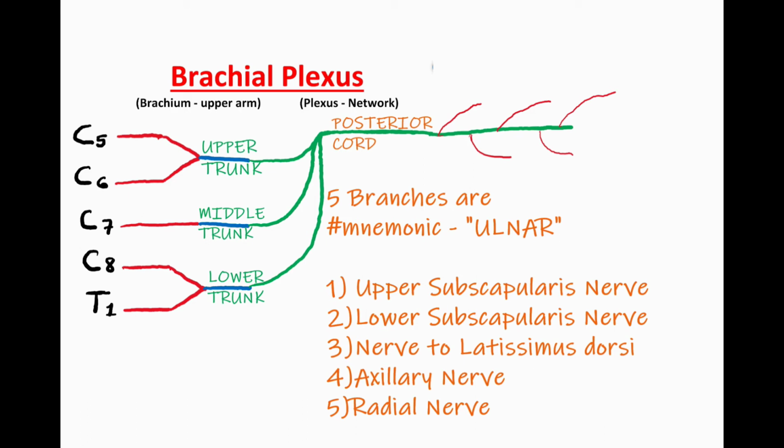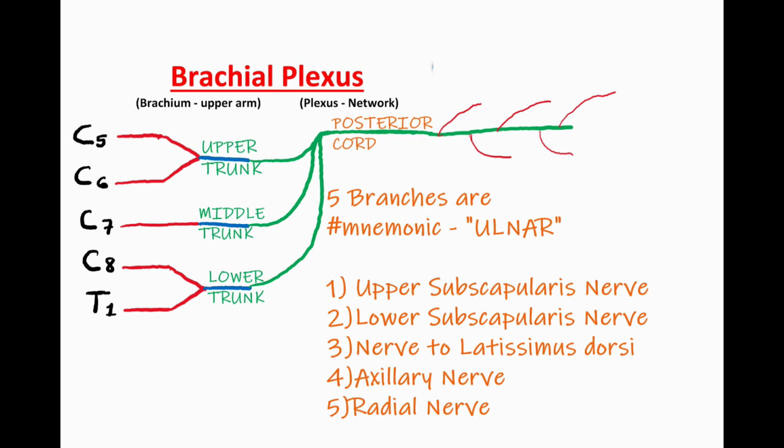Now remember, ulnar is the mnemonic and the ulnar nerve is not a branch of the posterior cord. It is a common mistake. So what are these five branches? Decoding ULNAR: U is upper subscapular nerve, L is lower subscapular nerve, N is nerve to latissimus dorsi, A is axillary nerve, and R is radial nerve.